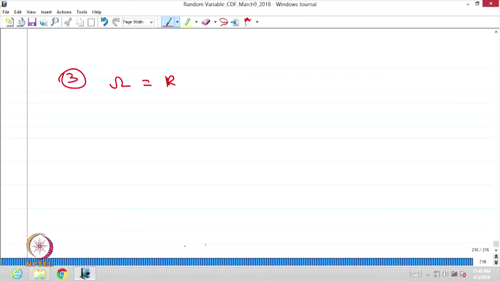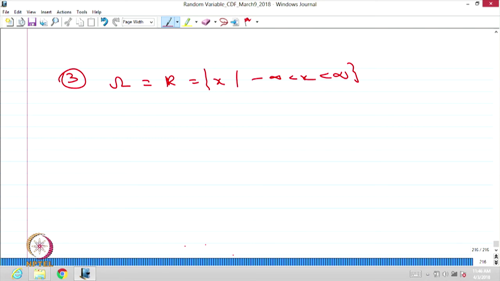That means the elements are from minus infinity to plus infinity, that is a collection of x such that x lies between minus infinity and infinity. Real numbers, uncountably many. Omega consists of uncountably many elements.